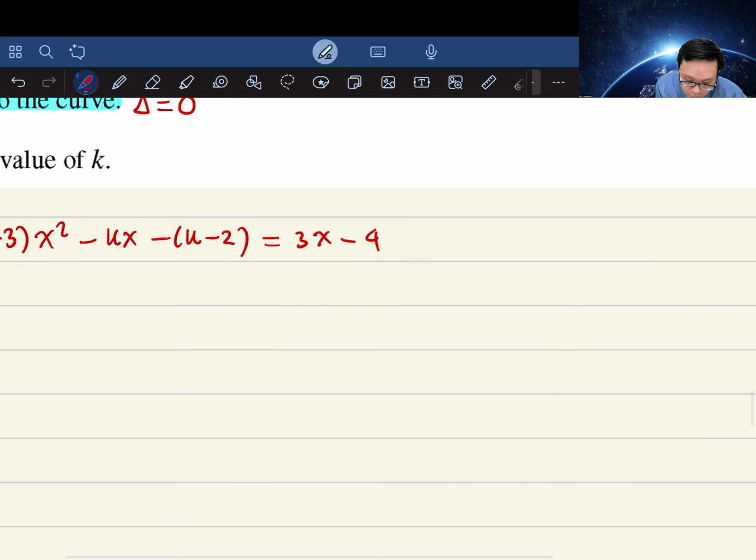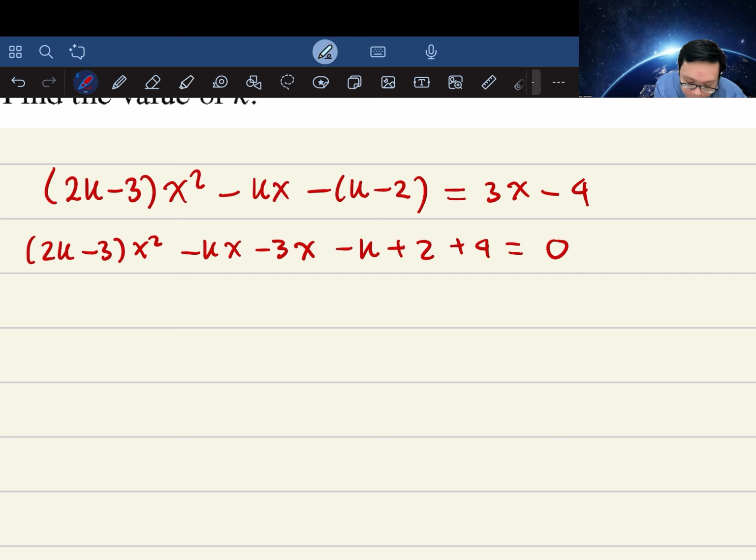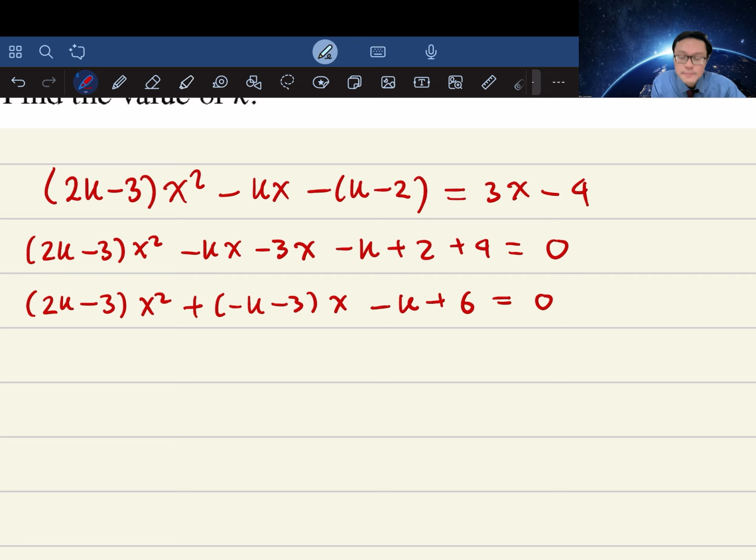So here, we can simplify first. So we have 2k minus 3 times x squared minus kx minus 3x. This one becomes minus k plus 2 plus 4 equals to 0. And then as usual, we collect all of the terms: the x squared, and then we have minus k minus 3 for the x, and the constant we have minus k plus 6 equals to 0.